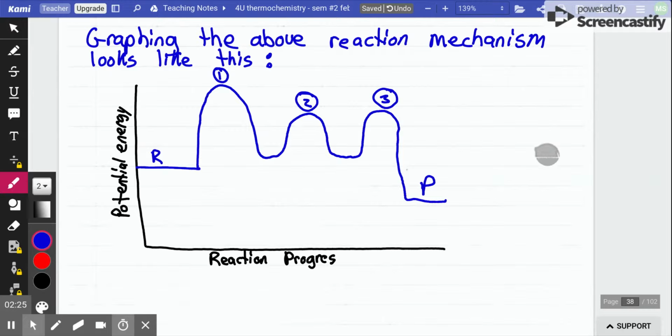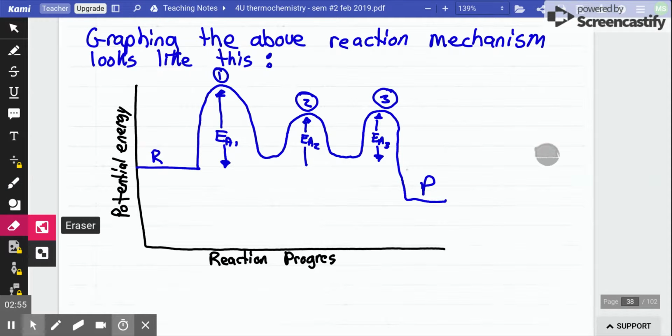So the activation energy for elementary step 1, EA1, is quite a bit higher, you can tell by the graph, than EA2 and EA3.